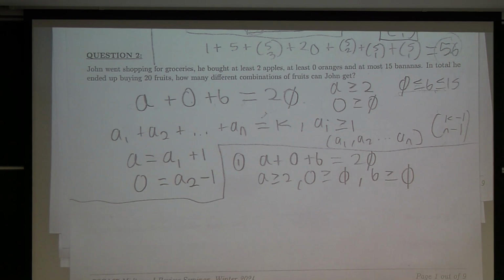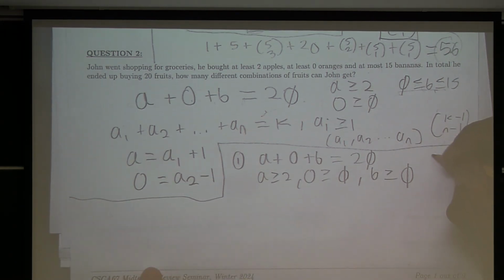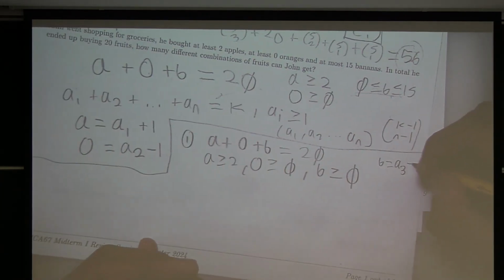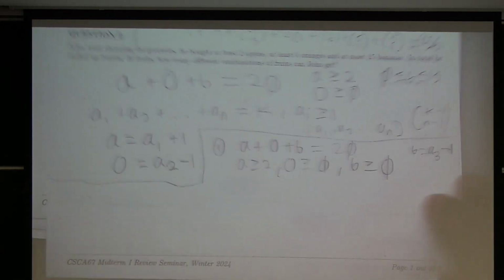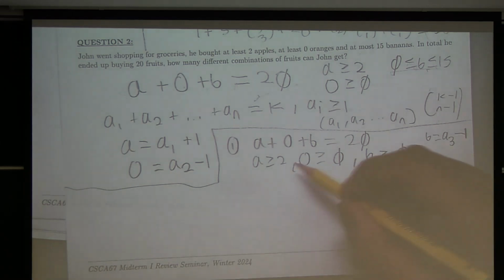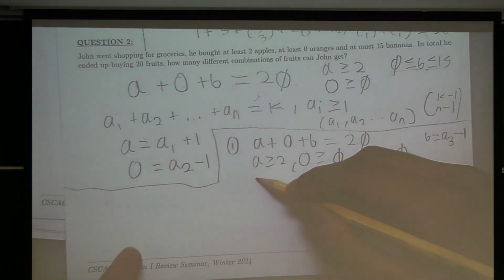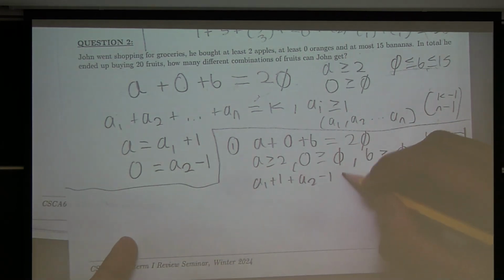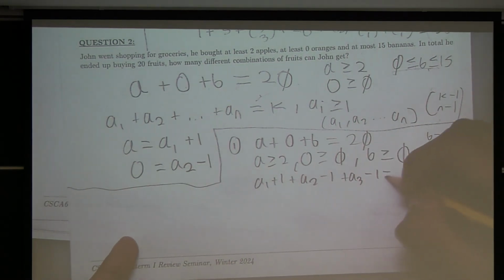So in this case, we substitute our variables. So b will also equal a3 minus 1. In this case, we would have a1 plus 1 plus a2 minus 1 plus a3 minus 1 equals 20.